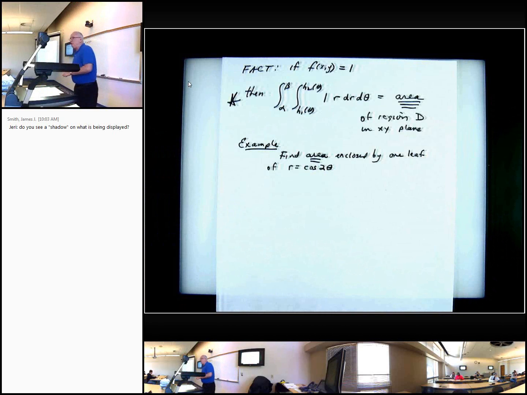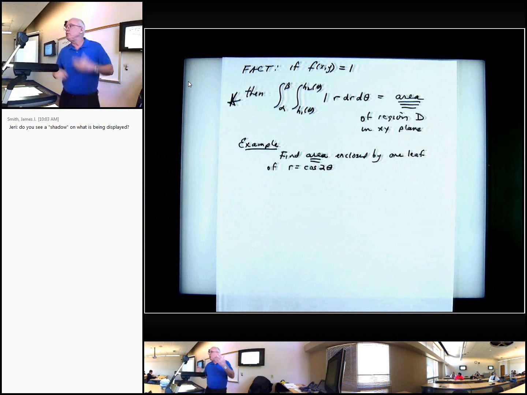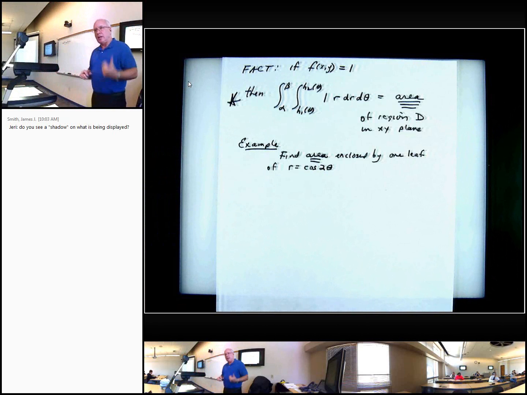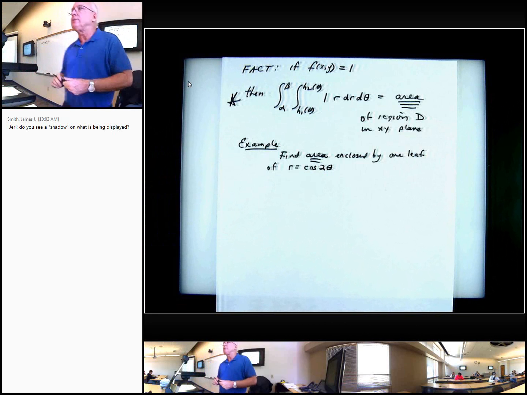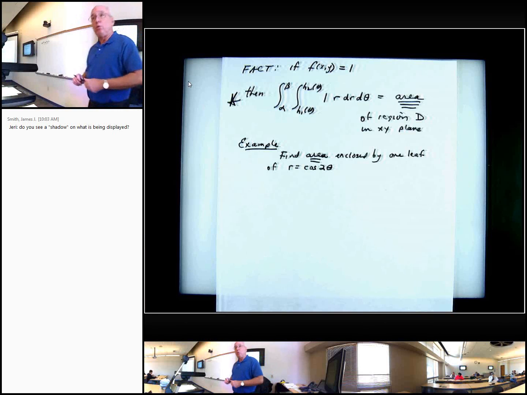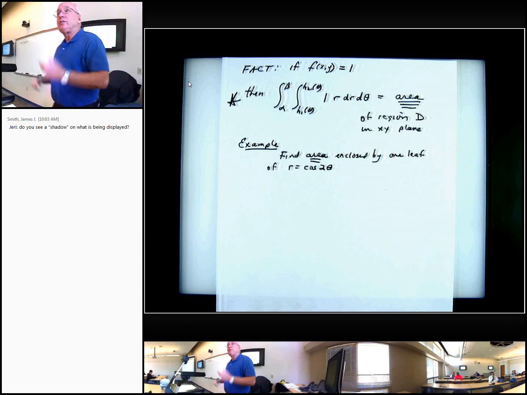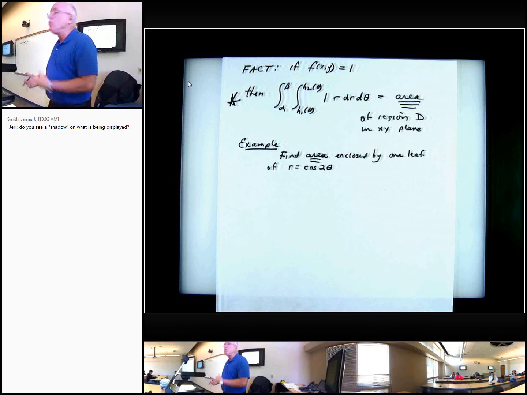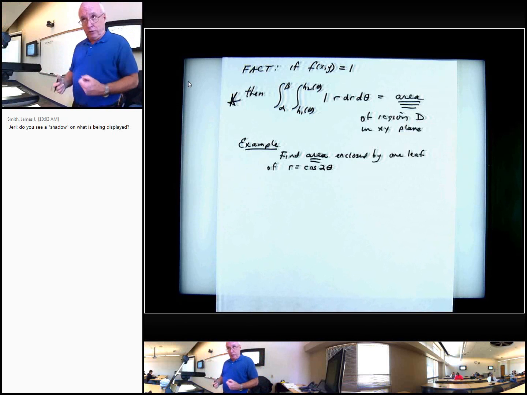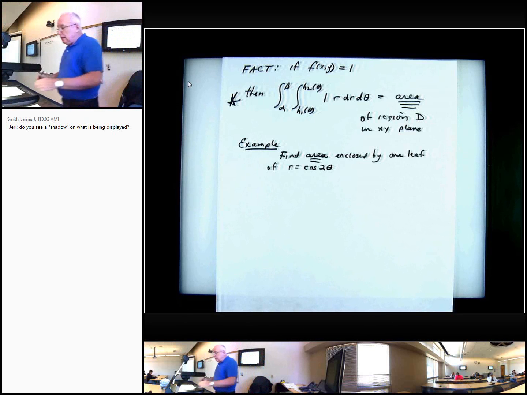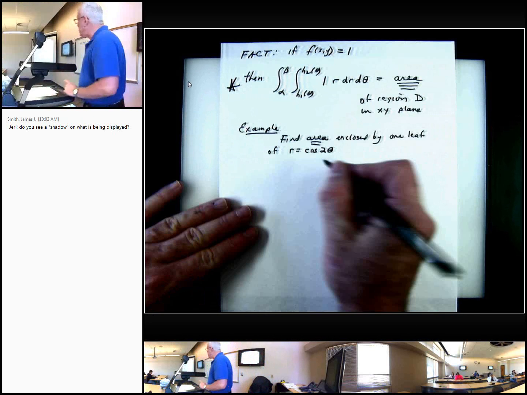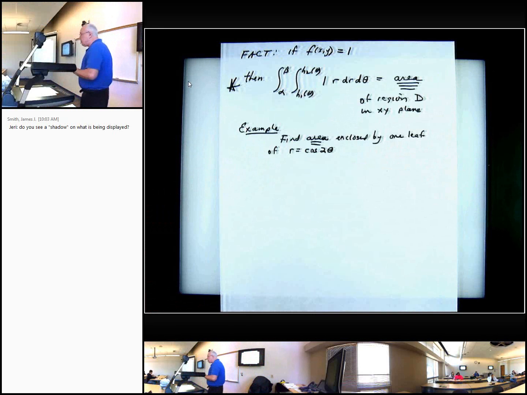Now, you may or may not remember that we covered polar coordinates last semester, and we looked at some graphs of polar coordinates, and some of them look like little clover leaves and things like that. So let's get an idea here of what this graph looks like.